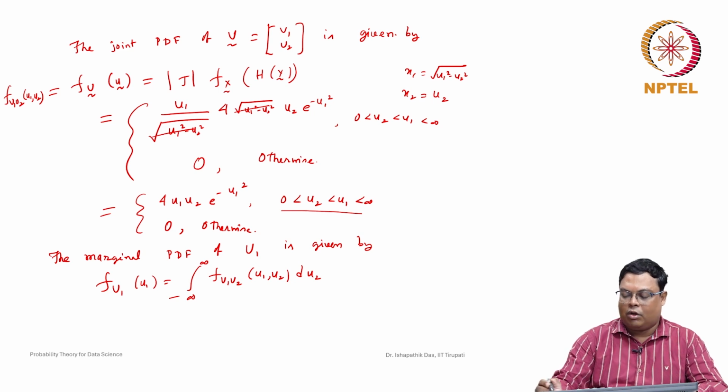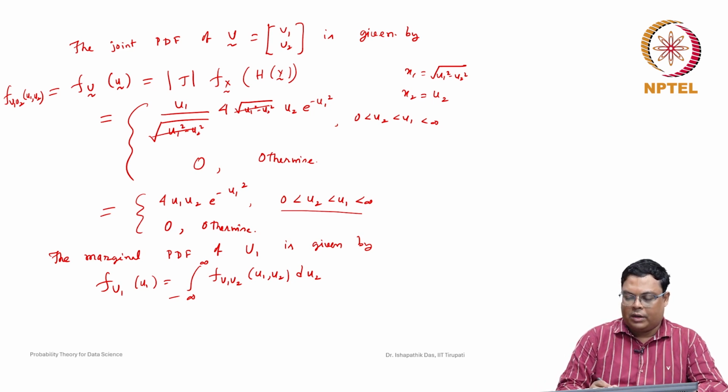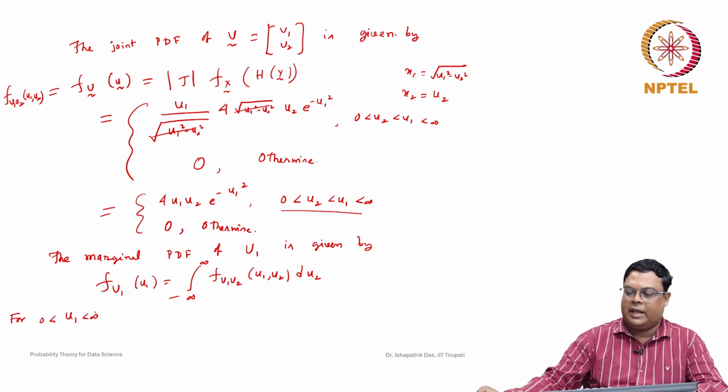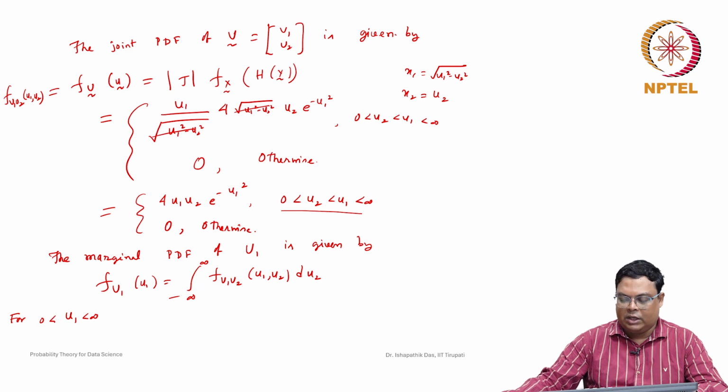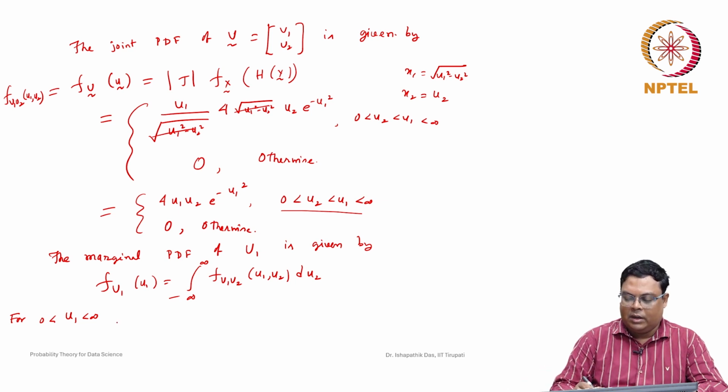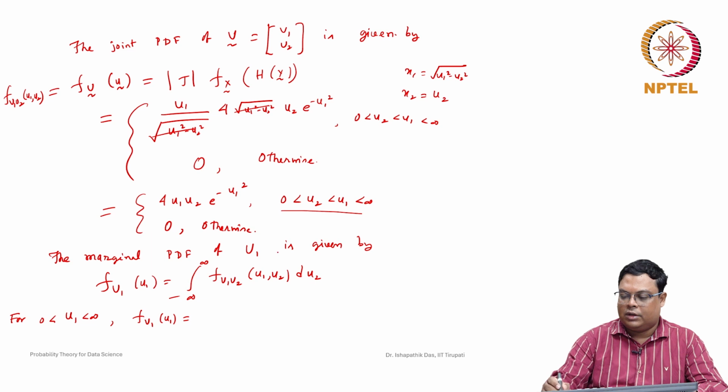Also u1 can be any value between 0 and infinity, because u1 cannot be negative. So f of u1 is the integral over the range of u2 from 0 to u1, and for any other case the value will be 0.